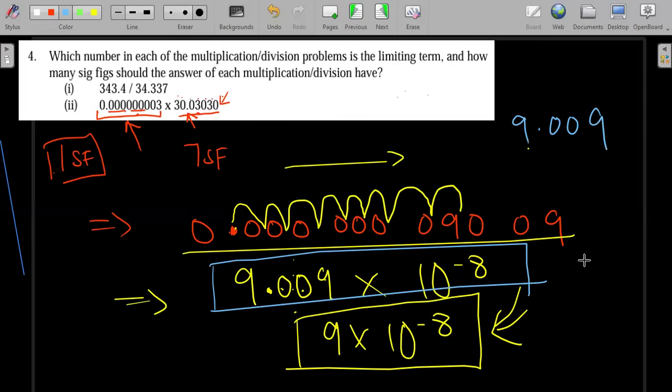You can do that in 2 ways. You can just ignore whatever is here and write 9, multiplied by 10 to the power minus 8. Or you can round off this 9 to this 0, and you get 9.01. Then round off this 1 to the 0, and I get 9.0. Then round off this 0 to the 9, and you just get 9. That's how we arrived at this 9 here.